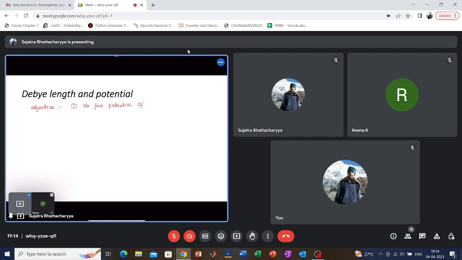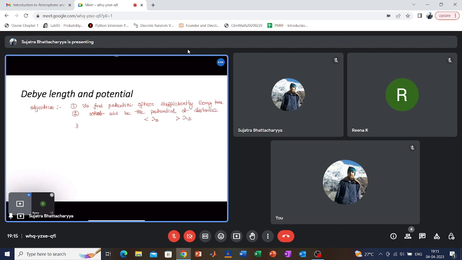after a sufficiently long time. And the second thing, what will be the potential at a distance less than lambda d and greater than lambda d.